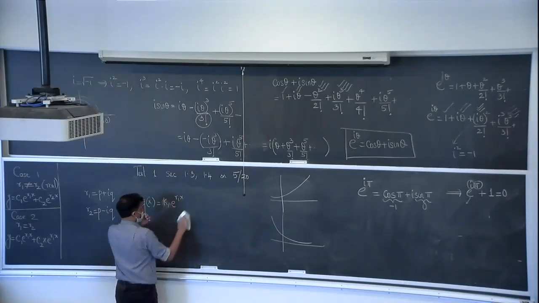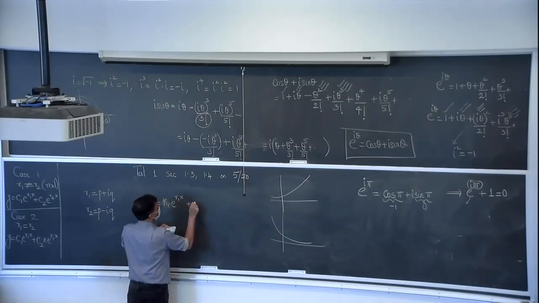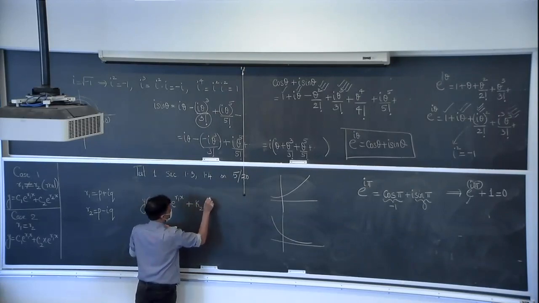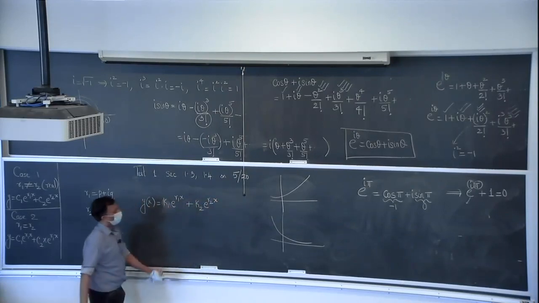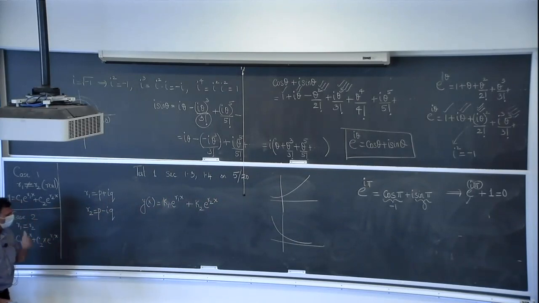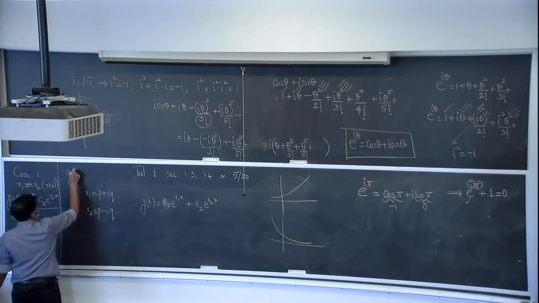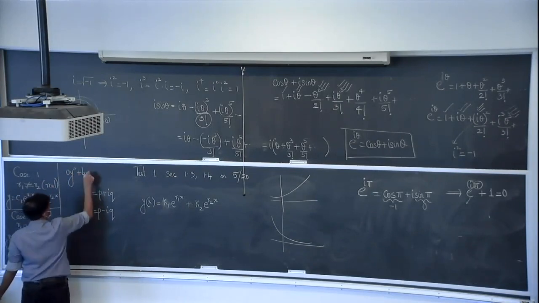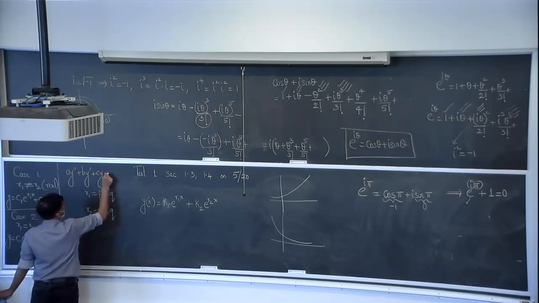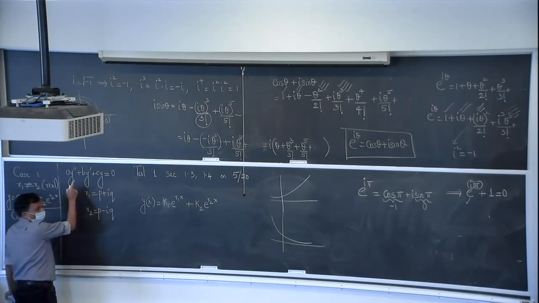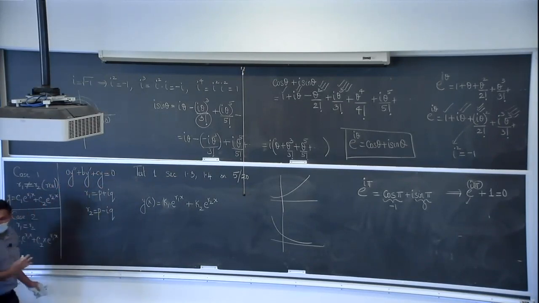So k1 e to the power of r1x plus k2 e to the power of r2x. Don't forget about what we are trying to do here. We are trying to get two linearly independent functions that satisfy the original differential equation, which was a y double prime plus b y prime plus cy equal to 0. We're trying to get two real valued functions, no i in the answer.